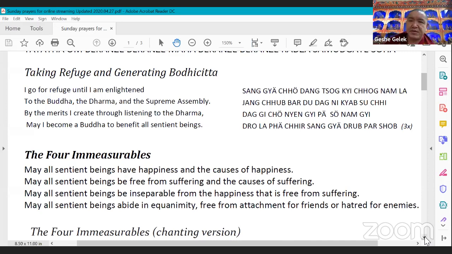By the merit I created through teaching the class, may I become a Buddha to benefit all sentient beings. I go for refuge until I'm enlightened to the Buddha, the Dharma, and the Supreme Assembly. By the merit I created through teaching the class, may I become a Buddha to benefit all sentient beings.